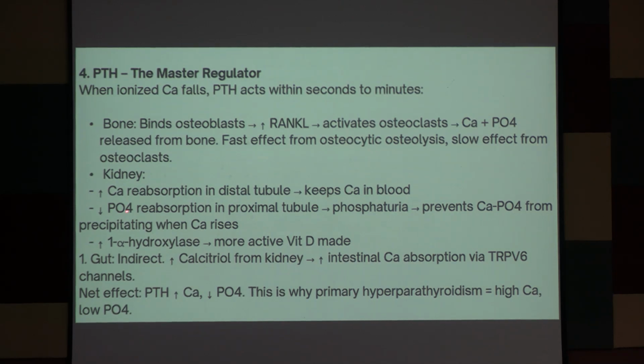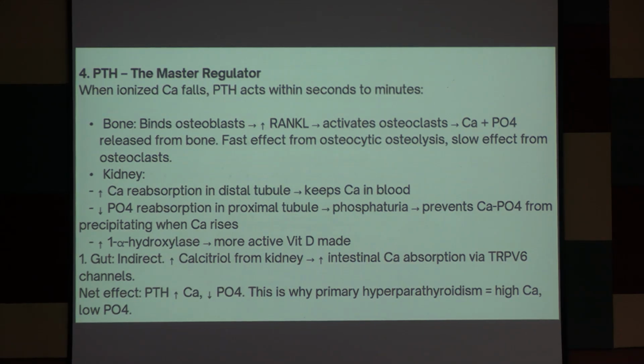Now, phosphate reabsorption is reduced in the proximal tubule. Phosphaturia prevents calcium phosphate from precipitating when calcium rises. There is an increase in 1-alpha hydroxylase, so more active vitamin D is made. And in the gut, indirectly, increased calcitriol from the kidney increases intestinal calcium absorption via TRPV6 channels.